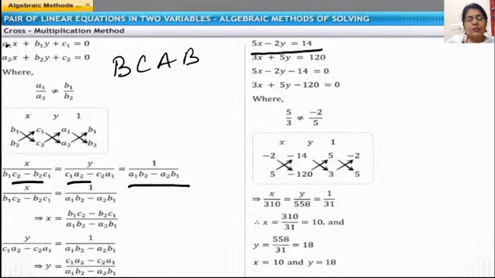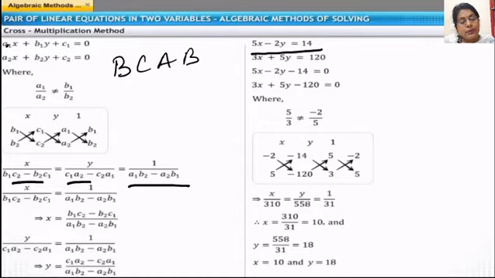This is not the thing to be remembered. We will simply put the arrows and write it in this way. This was the way we have to do it, and I have taken the question parallelly so that you may understand it better. Now, BCAB means first we will write minus 2 and 5.